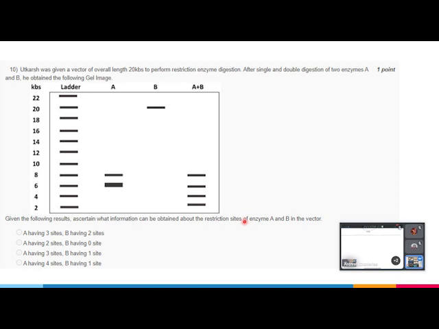So let's say the vector looks like a circle, and if there is one restriction site of A present here, then we will have one double-stranded linear DNA. That will mean one band on the gel.